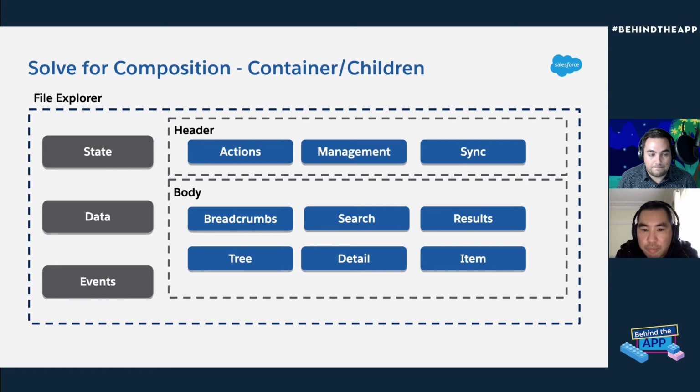Likewise, breadcrumbs, search, the results, as I mentioned, they all update. And if you do a search, similarly, the tree needs to update, and then the actions also need to change.